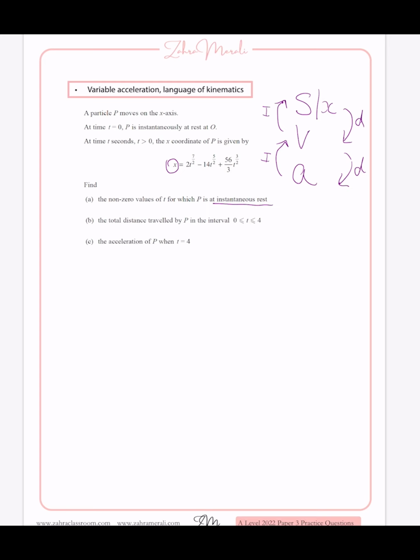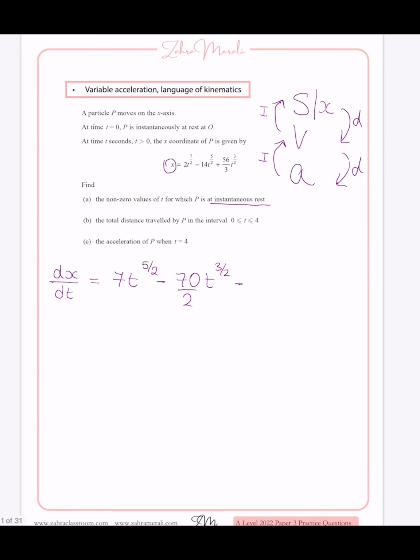So let's differentiate this. So dx dt. Remember to differentiate, you bring the value down, you take 1 away from the power. So you're going to get 7t to the power of 5 over 2, when we take away 1. And then you can bring the next one down and you're going to get 14 times by 5 to give you 70 over 2, so 35, t to the 3 over 2.